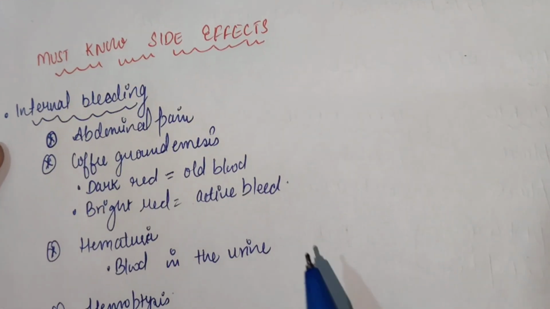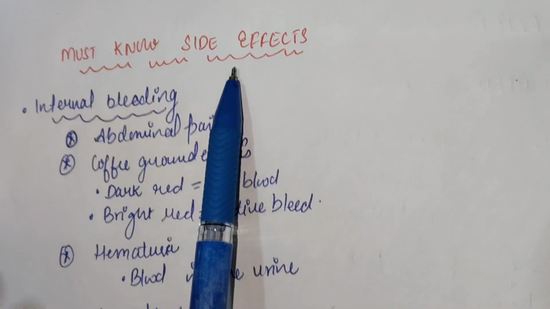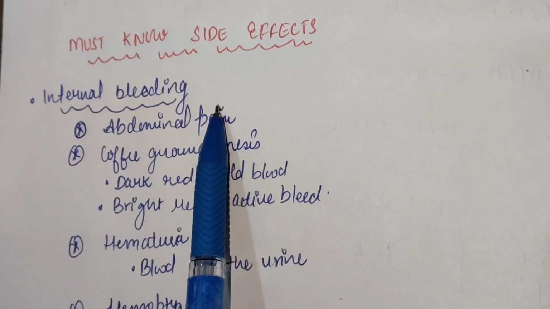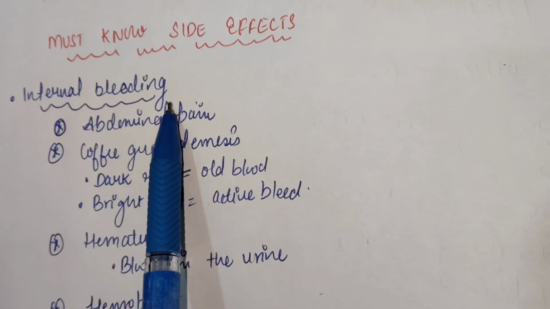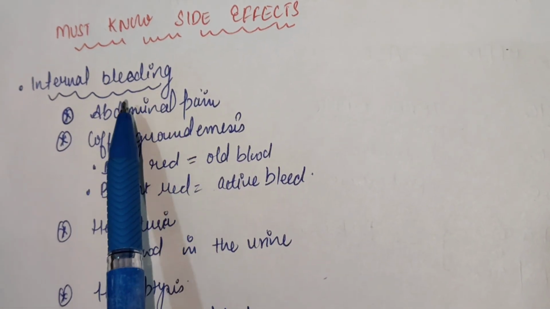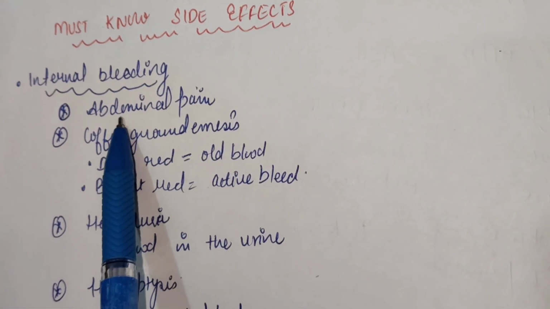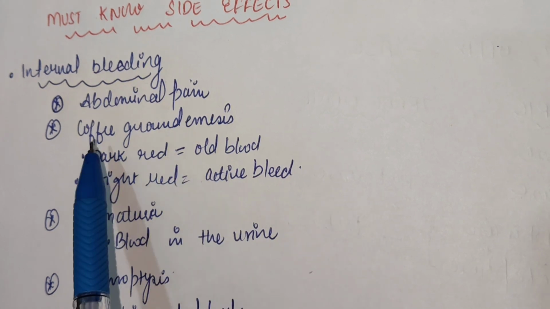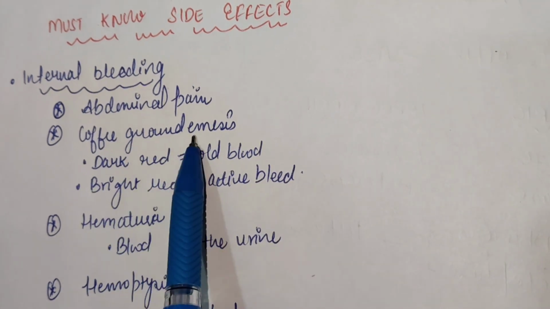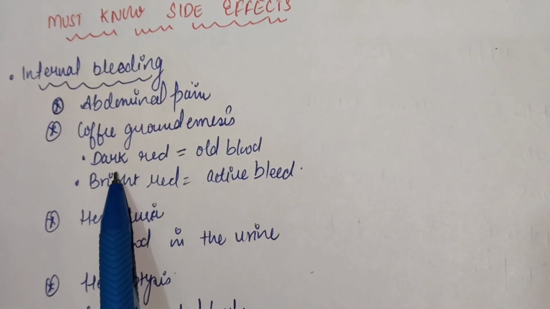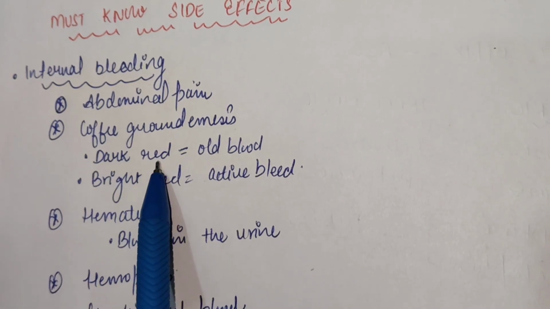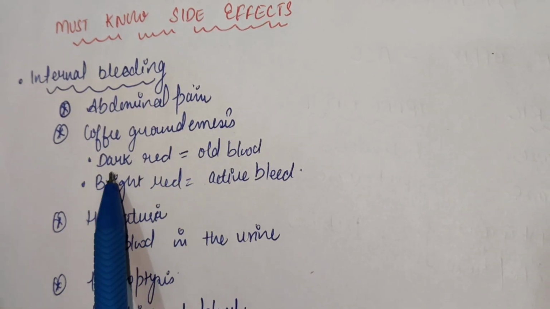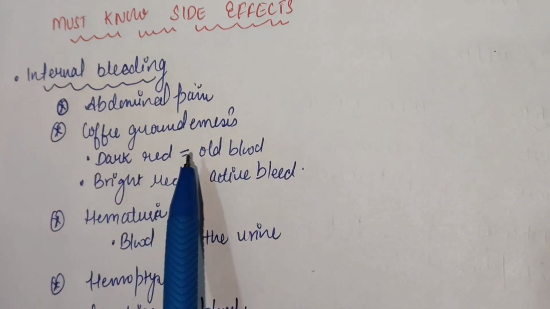Next are the must-know side effects of TPA injections. The main side effect is internal bleeding. The patient may complain of abdominal pain. There is coffee ground emesis, which can be due to dark red blood, meaning old blood.